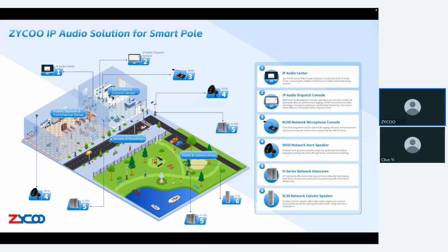And this is the software console, and you can also use the hardware one, which is our M100 network microphone console, so that you can directly use it to do live paging and announcements and so on. So that's for the control center. And then I'm going to break down each different area.